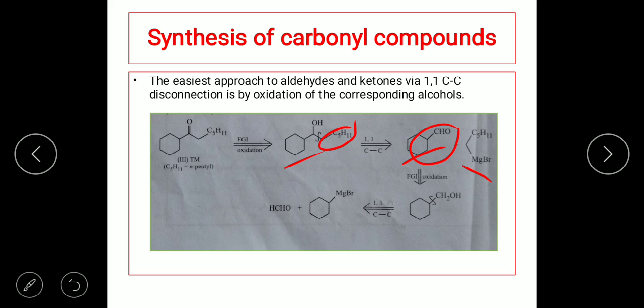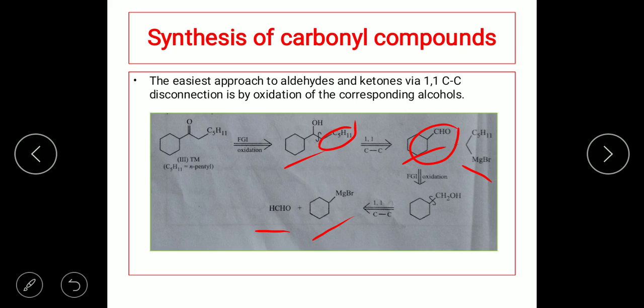On further disconnection, this can again be disconnected using the alcohol disconnection, that is 1,1 C-C disconnection, and after this it is going to give rise to the formaldehyde and the Grignard reagent. This is a simple example of how we can interconvert the ketone to alcohols, and then do the disconnection.